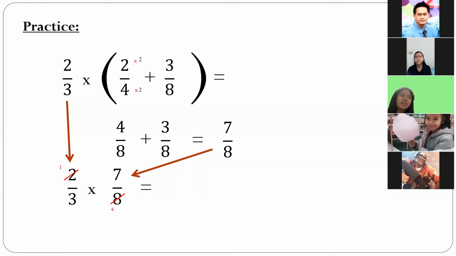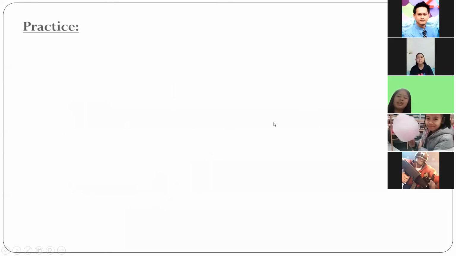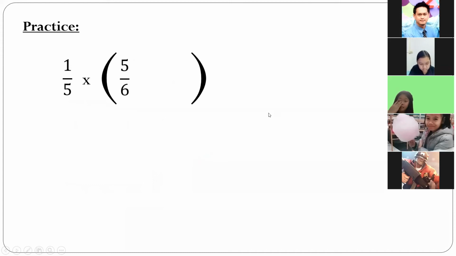So we have 1 and 4. The answer is 7 over 12. Very good. Next. 1 over 5 times, open and close parenthesis, 5 over 6 plus 1 over 2.